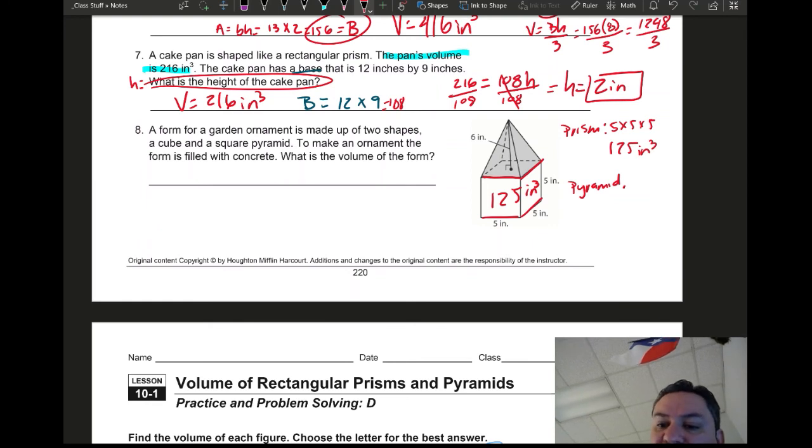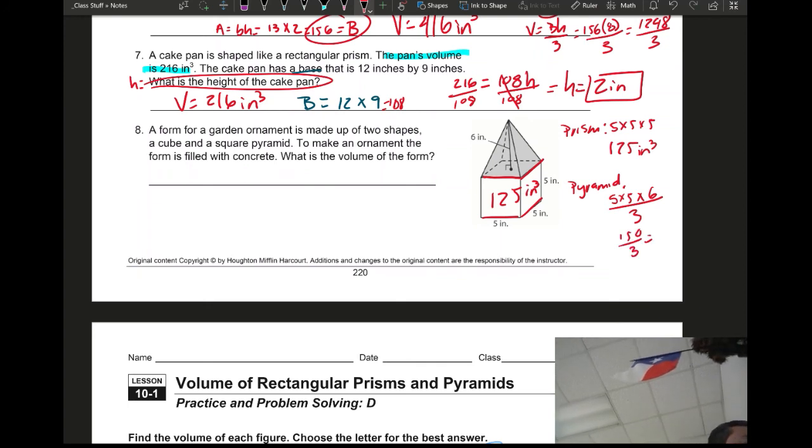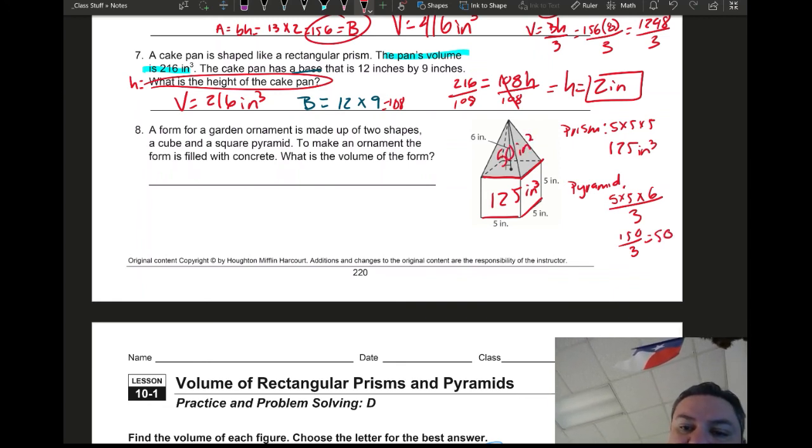So the 3 numbers are going to be 5 times 5 times 6, then divide by 3. So 25 times 6 is 150, divided by 3, which is going to be 50. So this one is 50 inches cubed.